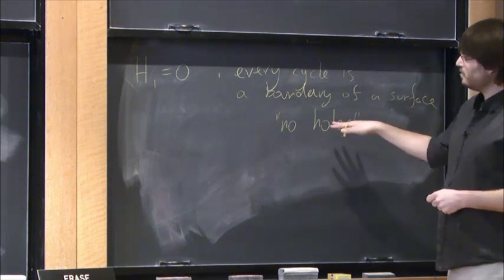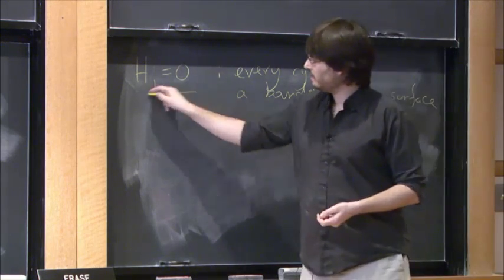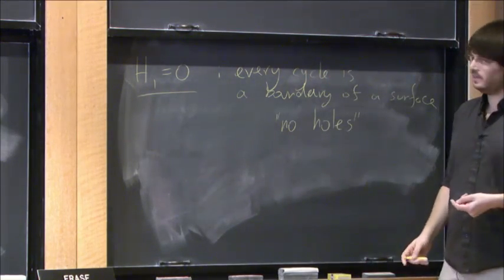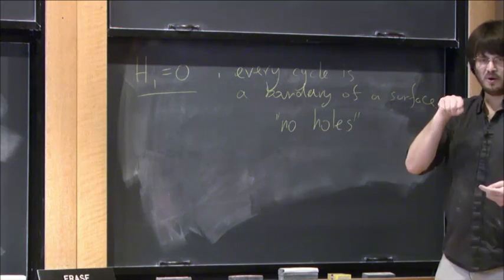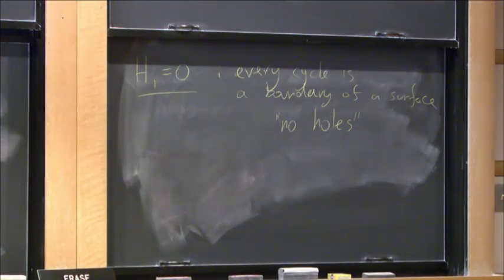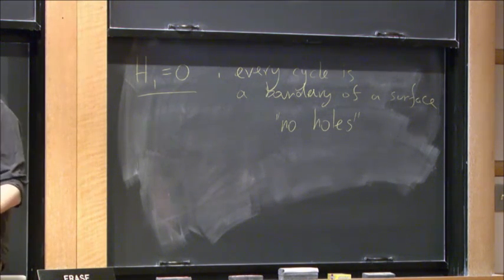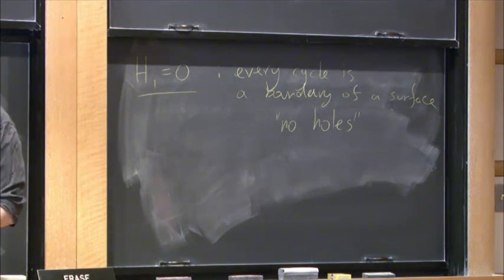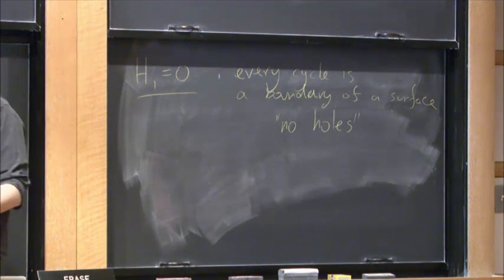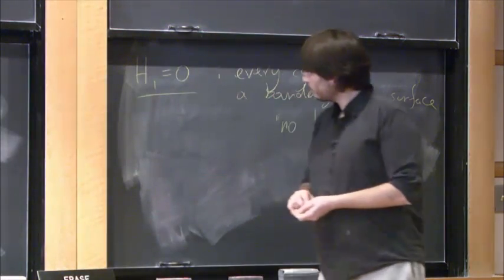This is the intuition you should have: at the end, what we get is that the higher dimensional version of connectivity is having no holes. I don't want to have something like this. This cycle here is not a boundary of a surface. I have a hole here, and I can pass my hand through this triangle, and the cycle I get around my hand is not a boundary.